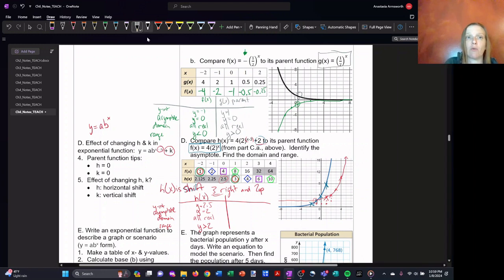Comparing this to our original parent function, our f of x, that y-intercept was at y equals 4. The asymptote was back at y equals 0. The domain is all real numbers. And the range, the possible y values, are anything above that asymptote, when y is greater than 0.